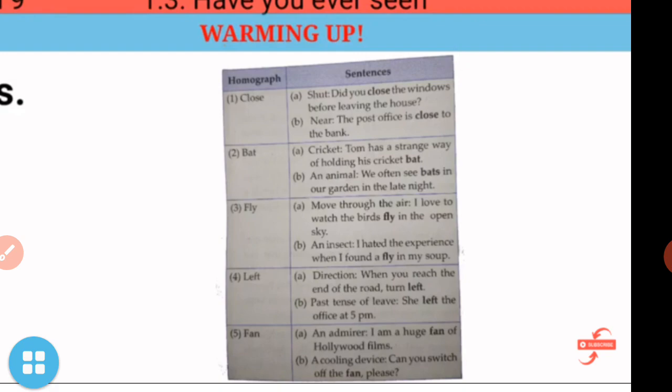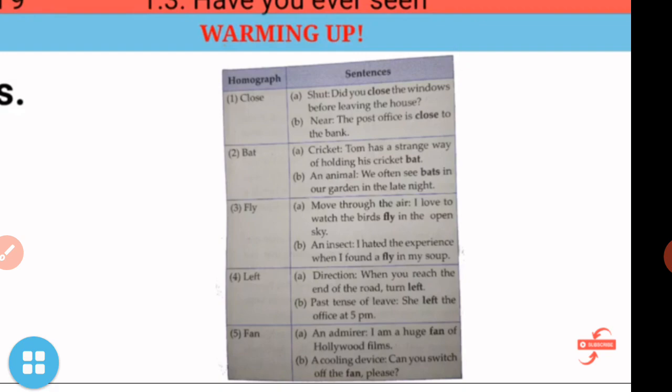The homograph close is used in this sentence. One person is asking another person, did you close the window before leaving the room? The homograph close is used here.